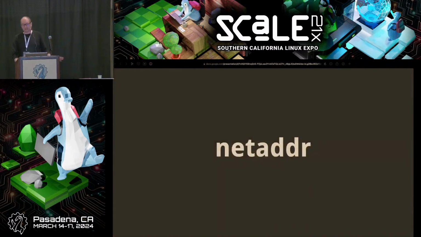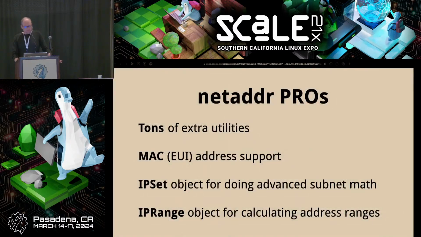So now we'll go into NetAddr specifically, talk about some of the pros and cons, and some of the key features that differentiate it from the others. NetAddr has tons of extra utilities, like helper utilities. I'm going to cover maybe a couple of them, but not go too deep into it. It's a very well-documented project, so the world is yours to check that out.